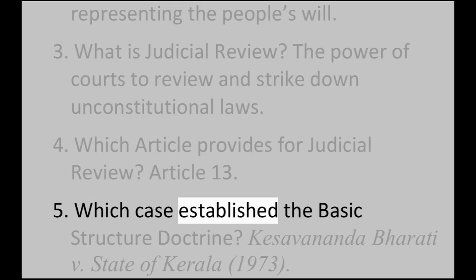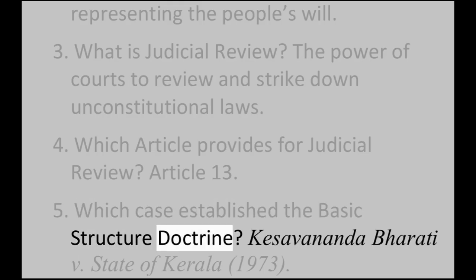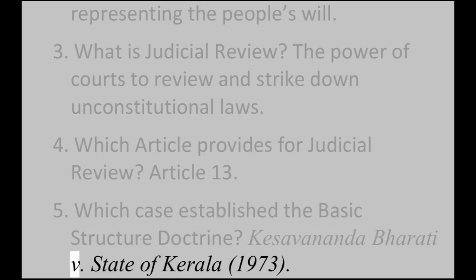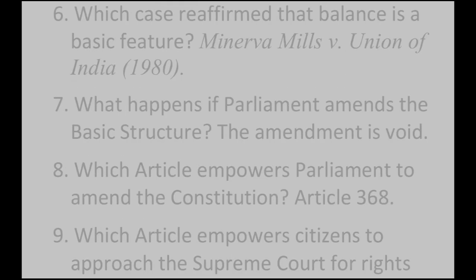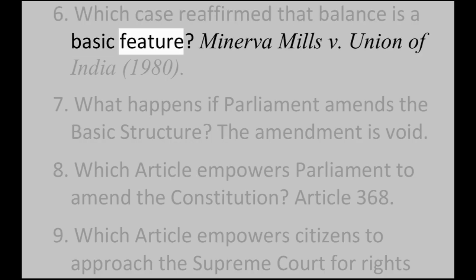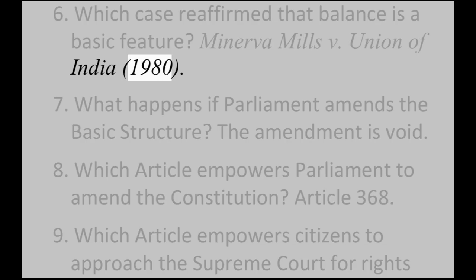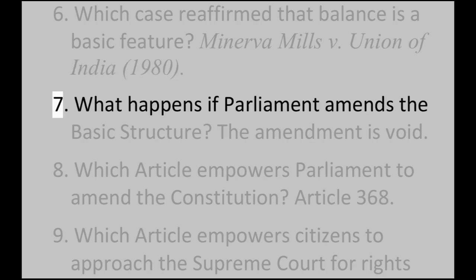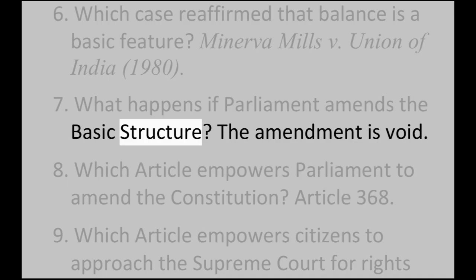5. Which case established the basic structure doctrine? Kesavananda Bharati v. State of Kerala, 1973. 6. Which case reaffirmed that balance is a basic feature? Minerva Mills v. Union of India, 1980. 7. What happens if Parliament amends the basic structure? The amendment is void. 8.